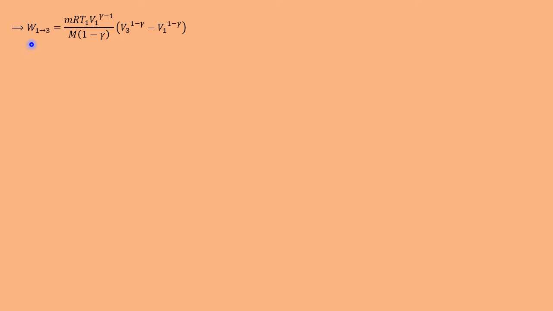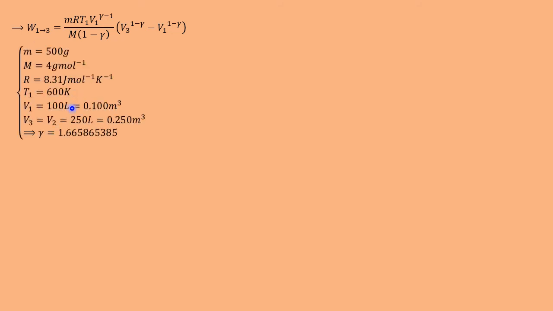So this is W13. That gives us m equals 500 grams, capital M 4 grams per mole, R equals 8.31 joules per mole per Kelvin, T1 equals 600 Kelvin, V1 equals 100 liters, which is equal to 0.100 meters cube, V3 equals V2 equals 250 liters, which is equal to 0.250 meters cube, and gamma equals 1.665865385.